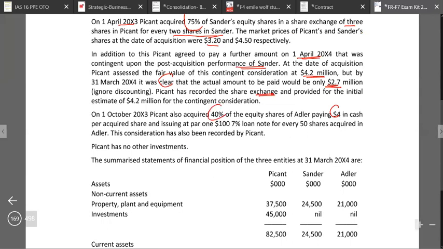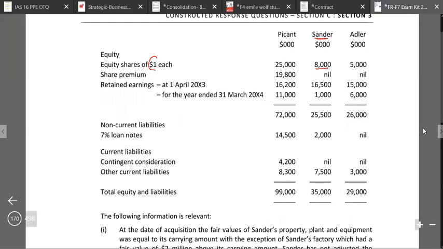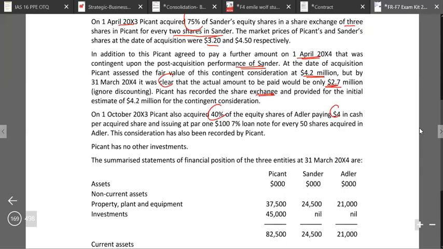Let's go back to the statement of financial position. Here you see Adler, and the total shares of Adler are 5,000. So 5,000 shares are the total, and they have acquired 40% of the shares.